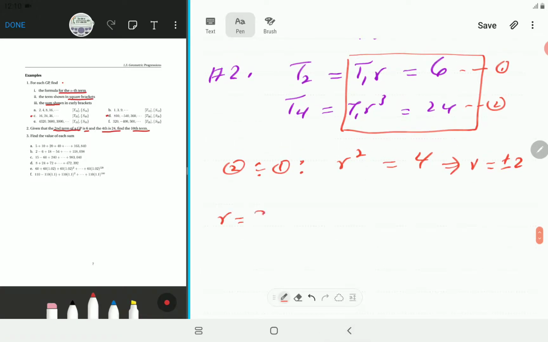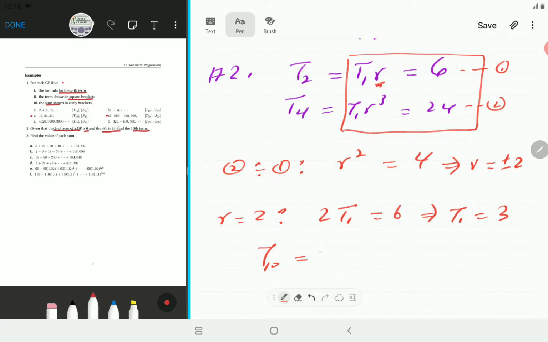So if R is 2, then we can plug it in here, which means 2 times T1 is 6. So T1 is 3.